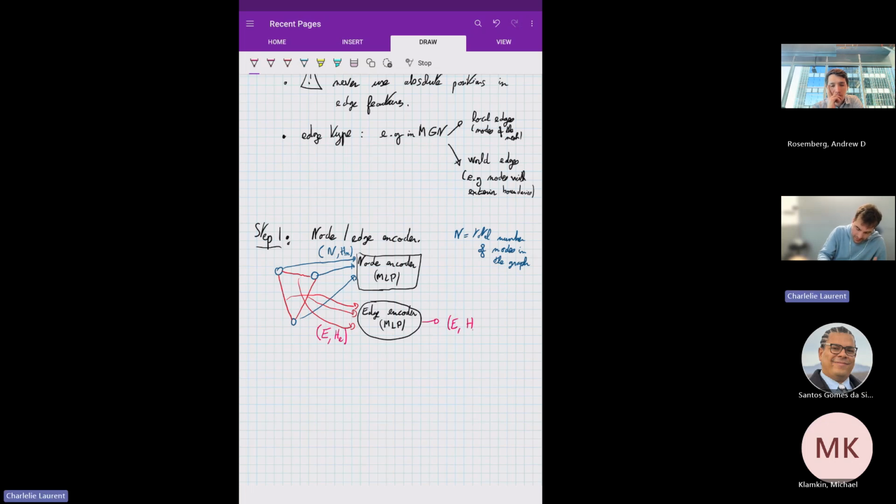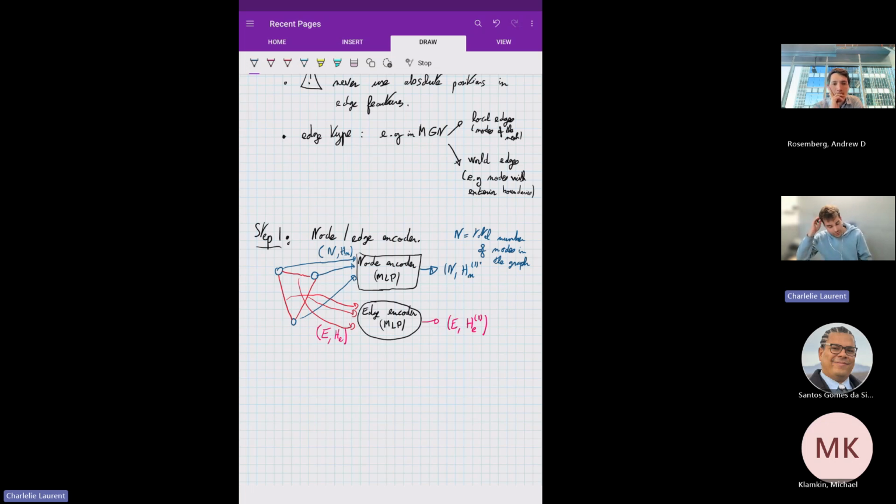So you are now in the graph neural network, and we are at layer 1, so it's HC1, and what you get there is N by hN1. So this is the node and edge encoder.